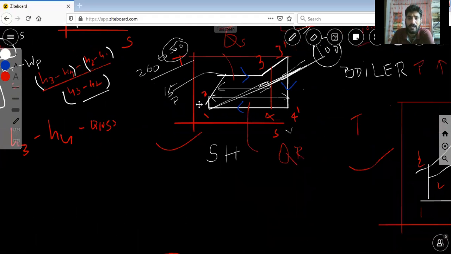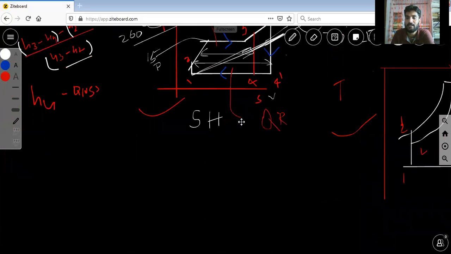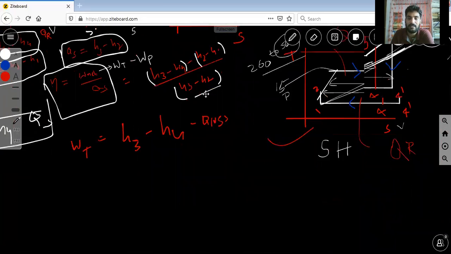In the superheating cycle, you increase the area of the diagram, so performance increases, and the temperature rises slightly from 3 to 3 dash, with isentropic expansion and isentropic compression. This is superheating, ideal and reheating.